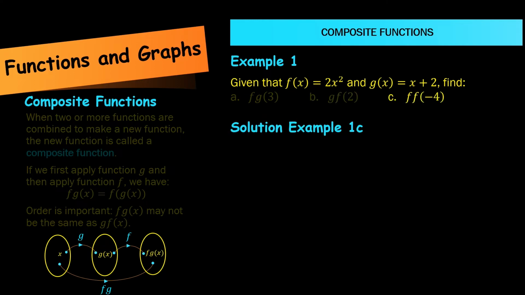And now for part C. f of minus 4 equals 2 times minus 4 squared. We've plugged in x equals minus 4 into the equation for f of x.